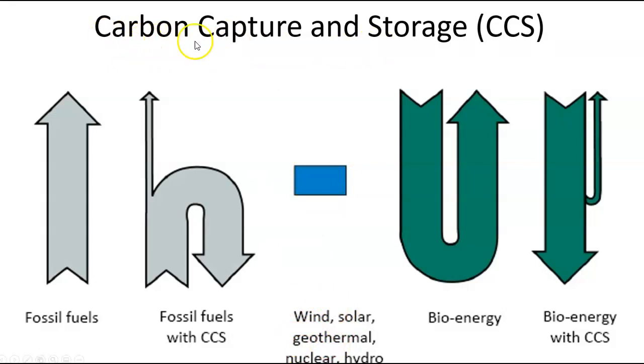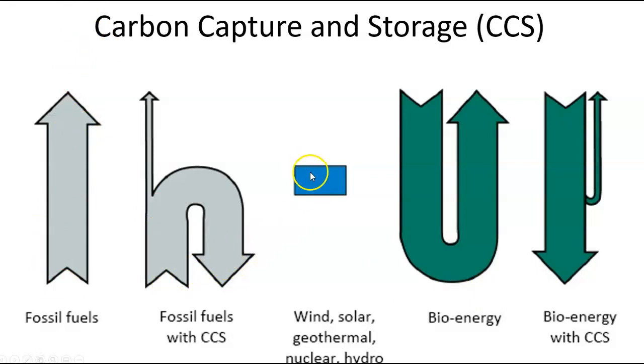This is a kind of high-tech solution that is so far quite unproven, what we call carbon capture and storage. So basically, if we compare the fossil fuel and the fossil fuel with carbon capture and storage, these arrows, or lack of an arrow, show greenhouse gas emissions from different energy sources. So with fossil fuels, from the land up to the atmosphere, carbon dioxide just goes straight up.